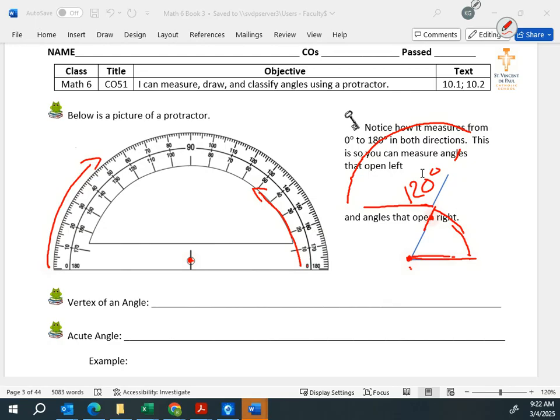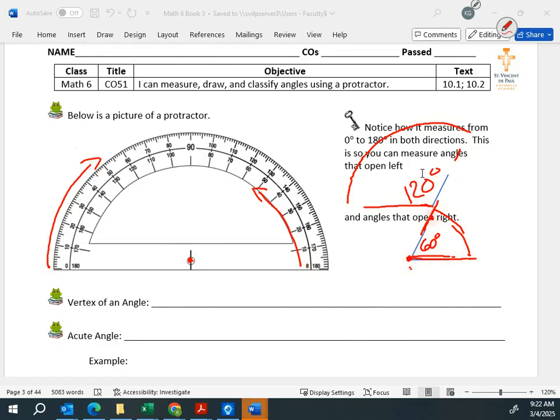So we need to line it up like this and make sure the line underneath follows that line. That line up to, yep, it looks like 60 degrees. We have to follow that top line up to where it hits the inside of the protractor.